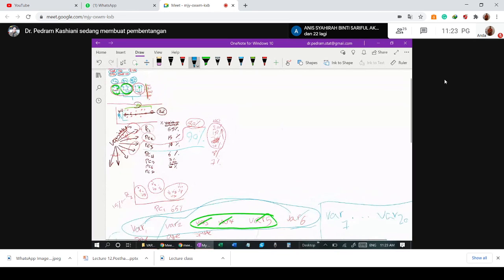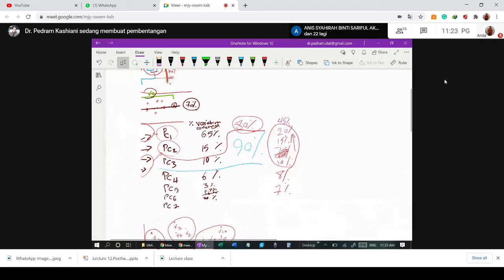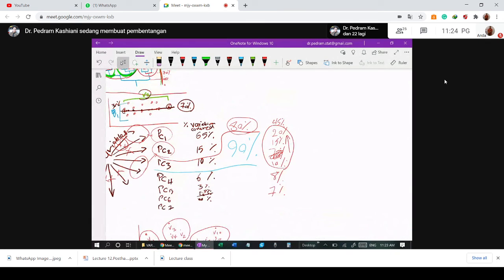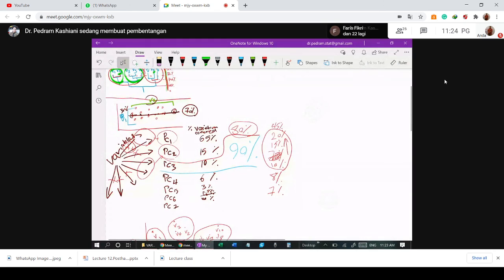These three, cluster analysis, PCA, and factor analysis, we call them dimension reduction analysis. So you want to reduce the dimension of your variation and only keep the important dimensions.